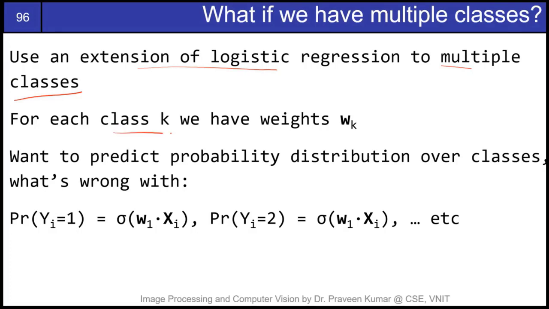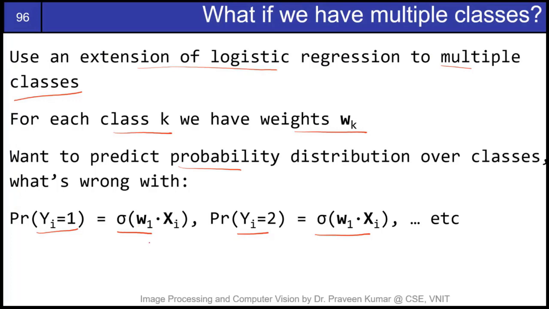So for each class we'll have one set of weight parameters, and then we can predict the probability for each class separately. So for the ith class, we can compute sigma of w_i times x. For the second class, we can calculate with its own set of weights and input parameters, and so on.